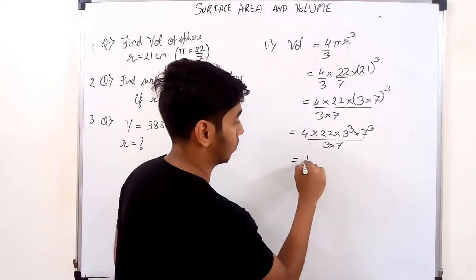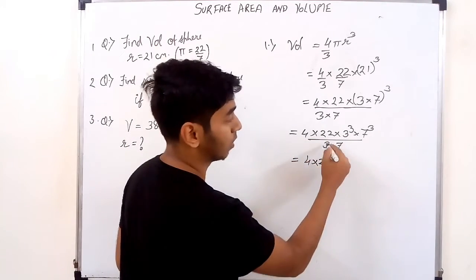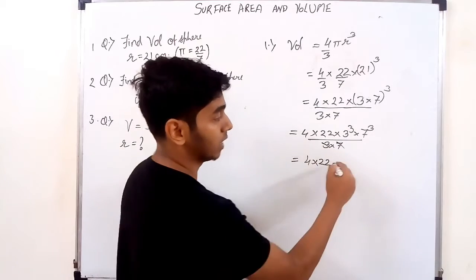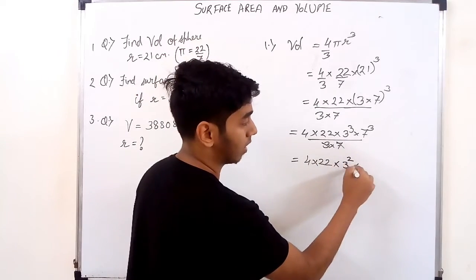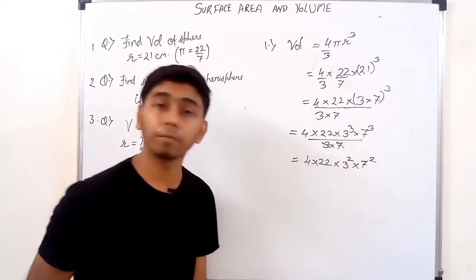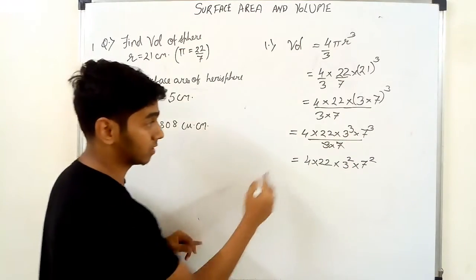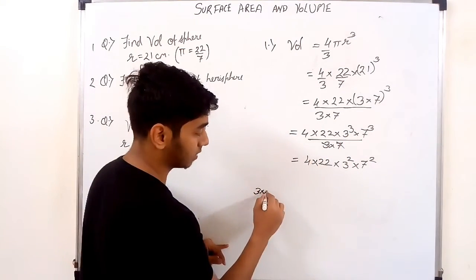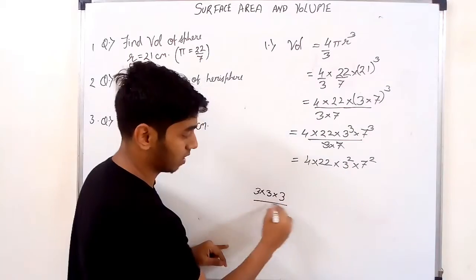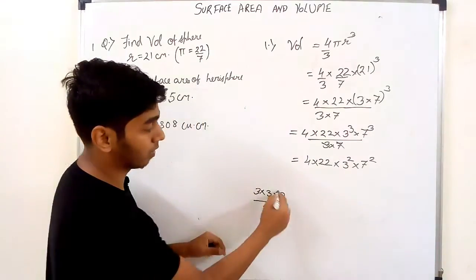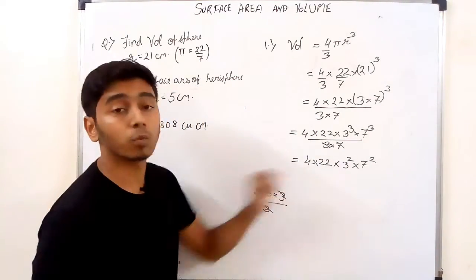Then 4 into 22, now one 3 is gone, and you get 3 square and 7 square. Because 3 cube can be written as 3 into 3 into 3 upon 3, so one of the 3s is gone and you are left with 3 square.